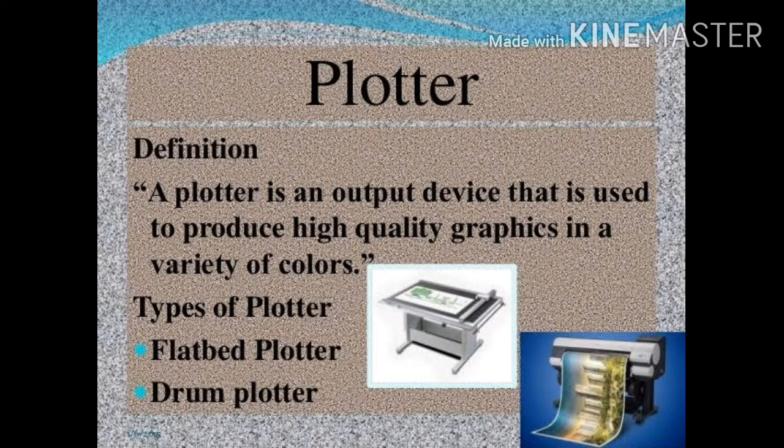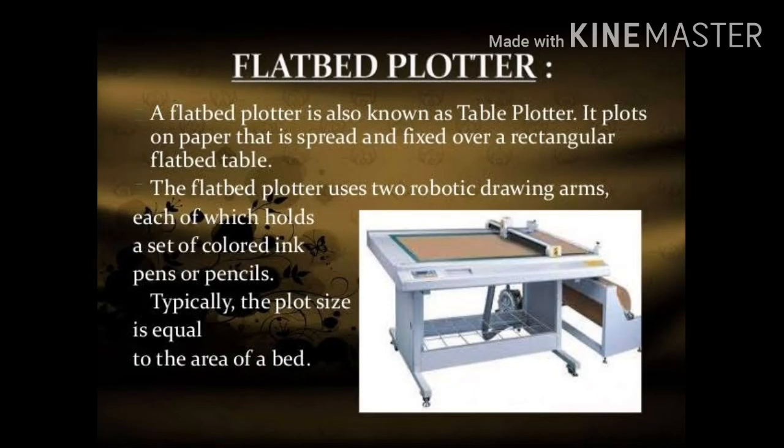Now the plotter. A plotter is an output device that is used to produce high quality graphics in a variety of colors. Types of plotters are flatbed plotter and drum plotter. According to their specification, we categorize a plotter. So flatbed plotter, you can see in the picture, a flatbed plotter is also known as table plotter.